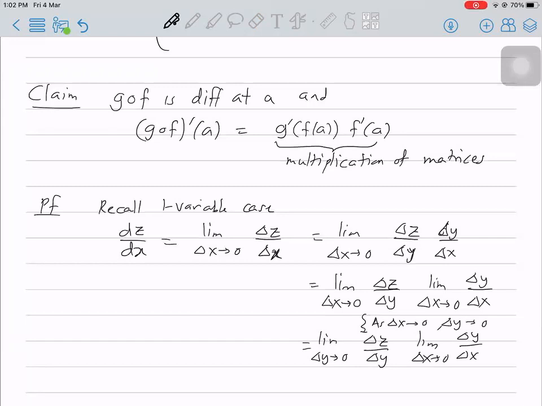Okay, so I will just say that heuristically. So let's put that on the side. This is really not part of the proof.